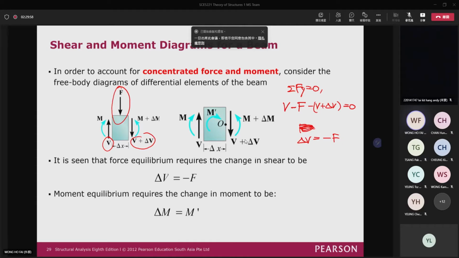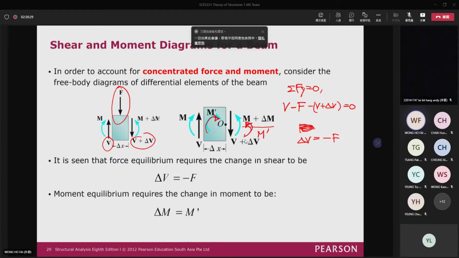And then for a location where you have a concentrated moment, or we can call it a couple moment, if it is a clockwise value, then the reaction will be acting in the counterclockwise sense. So if you have a clockwise moment applied at that particular location, then there will be an increase of the moment in a positive sense, okay?